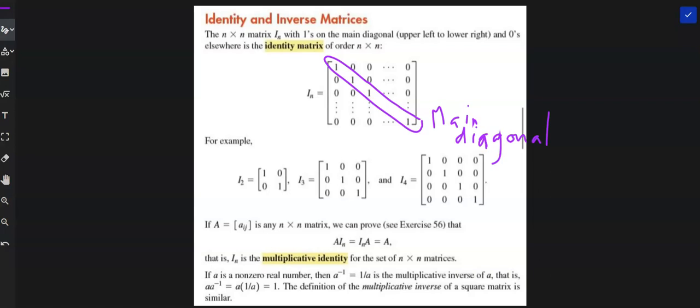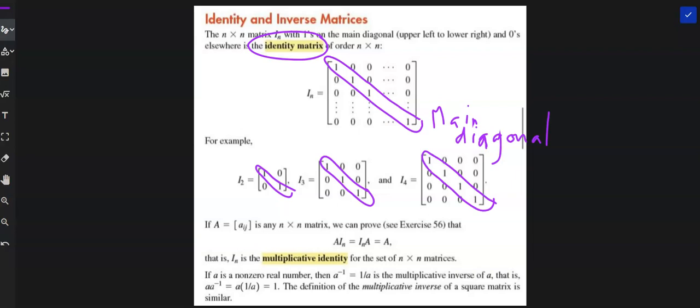What do we notice on the main diagonal? We notice all ones. So if it was a 4 by 4, or a 3 by 3, or a 2 by 2, the main diagonal has ones. Everywhere else is a 0. This is called the identity matrix.